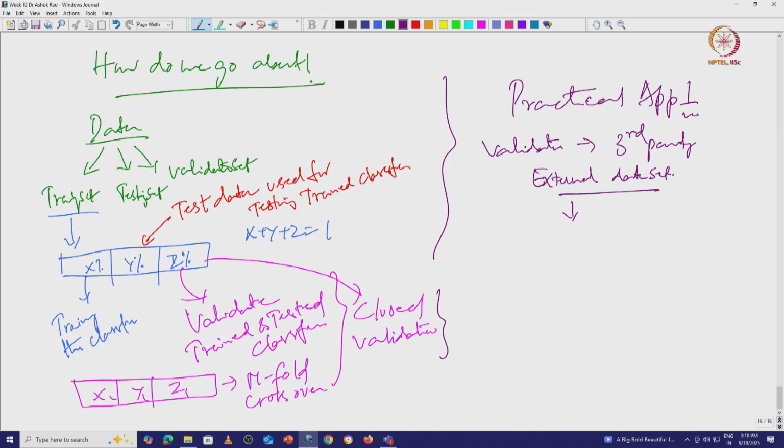This kind of validation makes it universally acceptable. Such luxuries may not be there when we go for clustering.